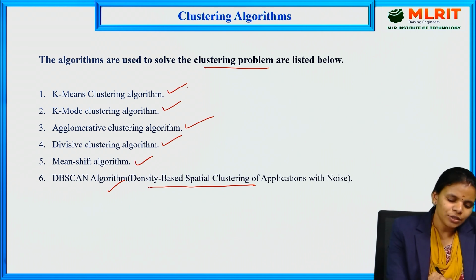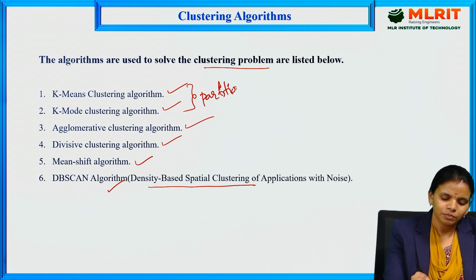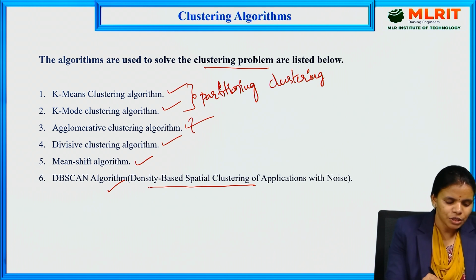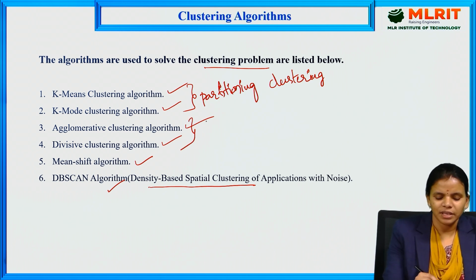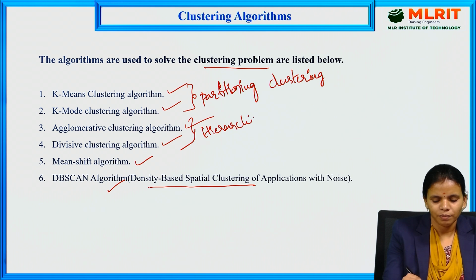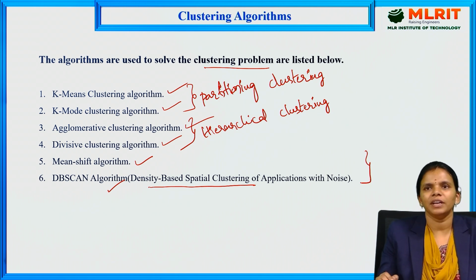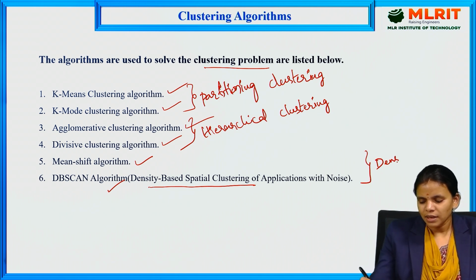So these two algorithms come under partitioning clustering, and these two, agglomerative and divisive clusterings, come under hierarchical clustering. And these two, mean shift and DB-scan algorithms, come under density based clustering.